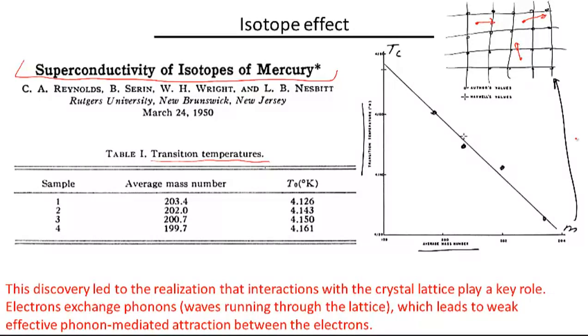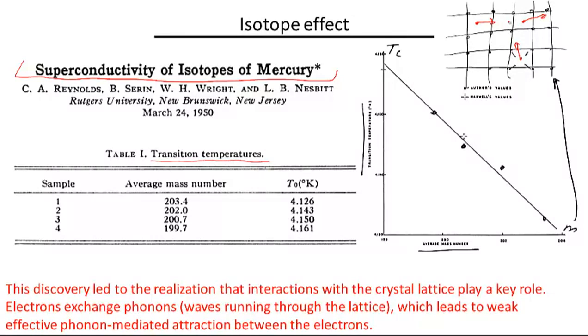A little later, people realized that what actually happens is that whenever an electron moving around passes through a region in the lattice, because the electron is negatively charged and the ions sitting on lattice sites are positively charged, this electron polarizes the lattice locally, and it takes some time for the lattice to relax back.